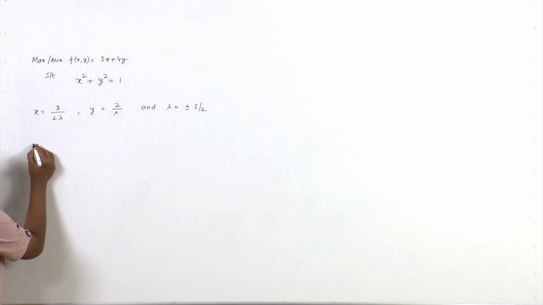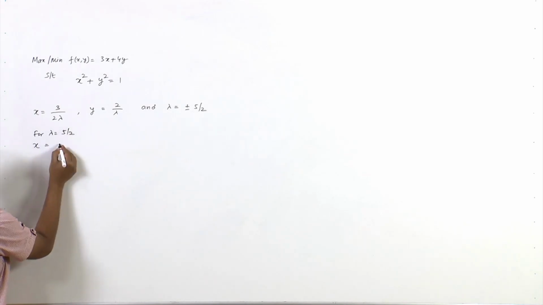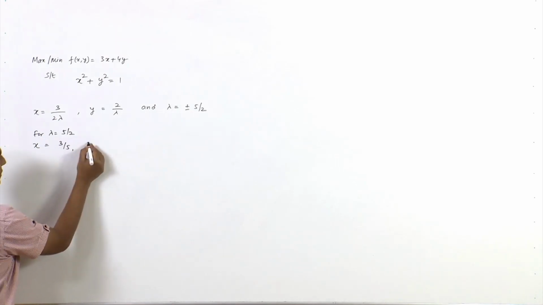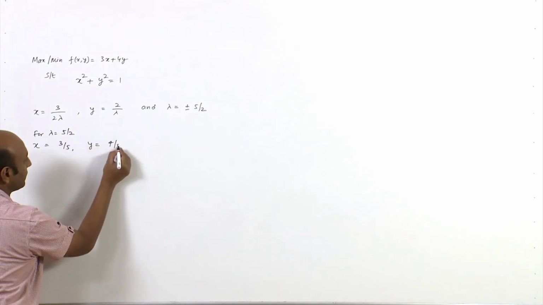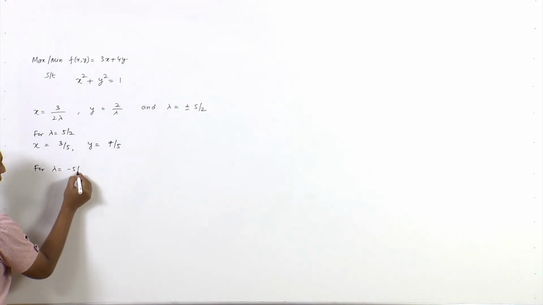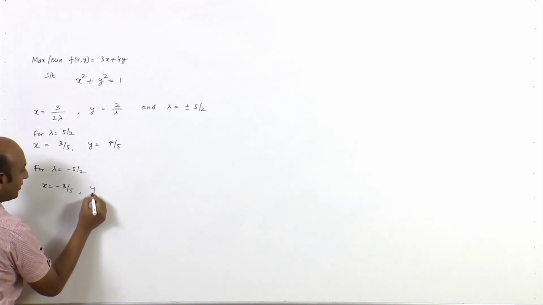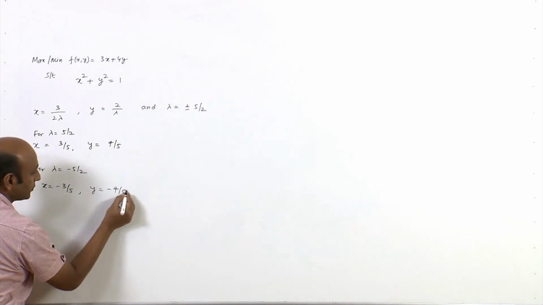For lambda equal to 5 by 2, x will be 3 by 5 and y will be 4 by 5, and for lambda equal to minus 5 by 2, x will be minus 3 by 5 and y will be minus 4 by 5.